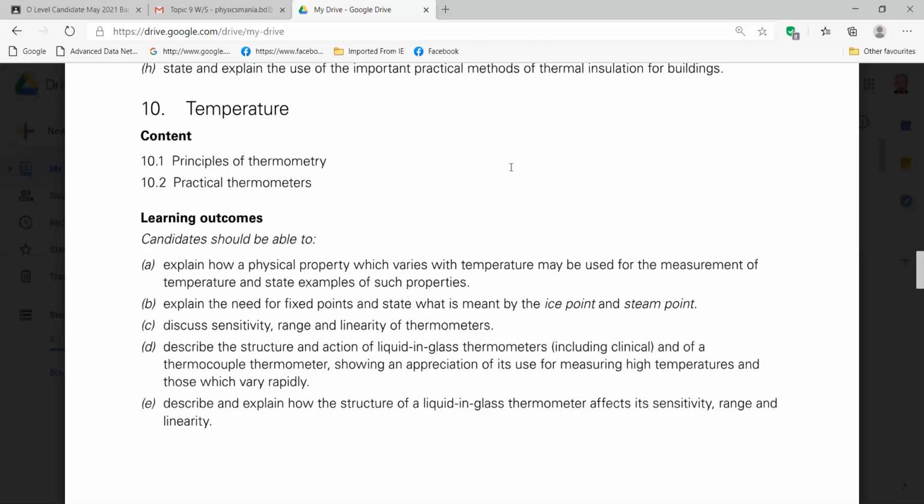Okay, now we are starting with two fixed points. You see, learning outcome B. Explain the need for fixed points. So you write the heading two fixed points. Then after that you write first one, that is ice point.